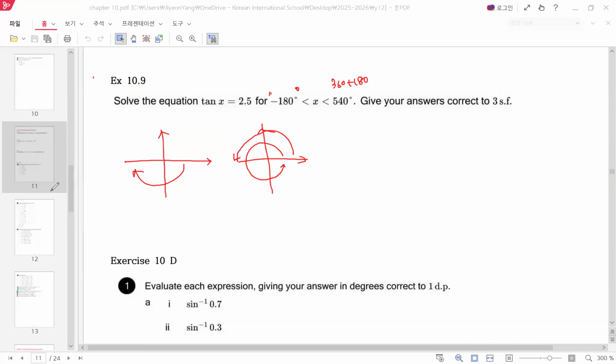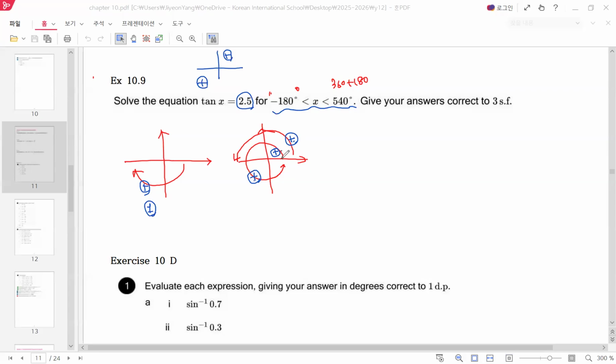From this range, you can count how many roots it has. Since the tangent value is positive, it means the first quadrant and the third quadrant. From the negative direction, there will be one answer. From the positive direction, there will be 1, 2, and 3.